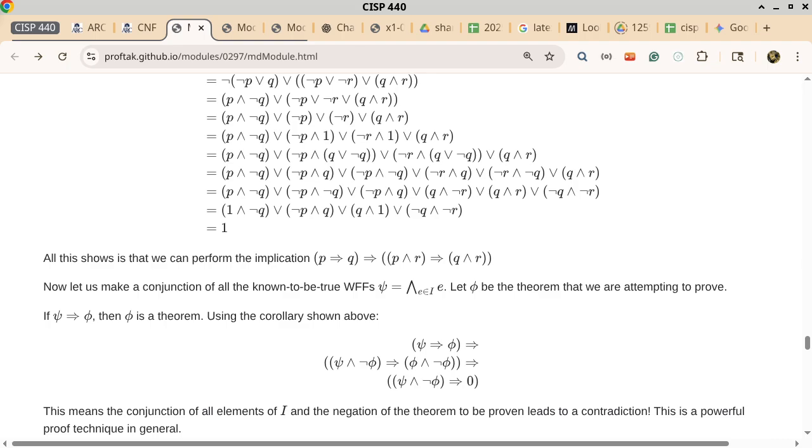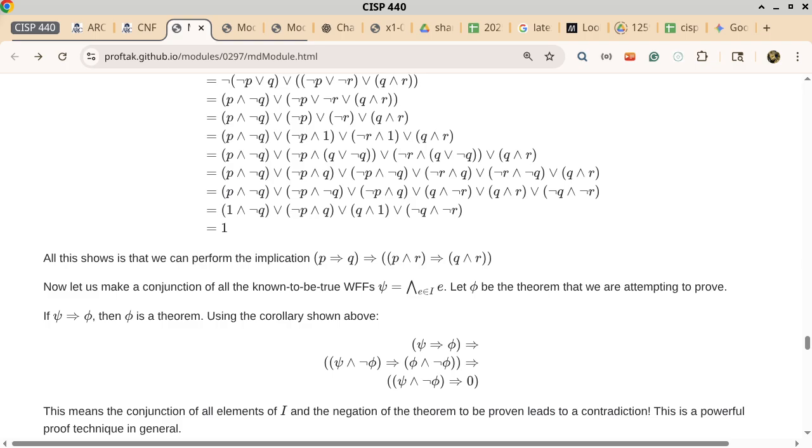Are we doing okay so far? Are we still remembering what iota is representing? Everything that is known to be true, everything that is given to be true, or everything that's axiomatically true. So we take a conjunction of all of those things, we call it psi.